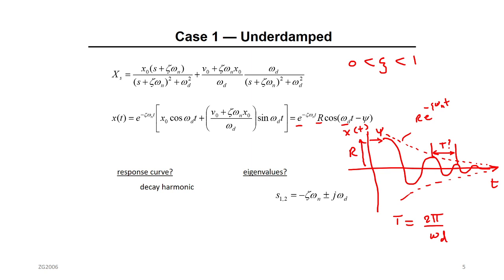You don't have to solve it again, it's always going to be the same. For any underdamped system, it will be exactly the same, just different numbers, r, psi. That's all. How much the period is depends on the damping ratio. So this is the transient response for an underdamped system.